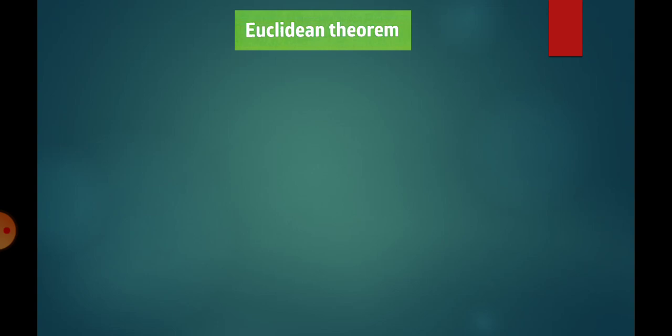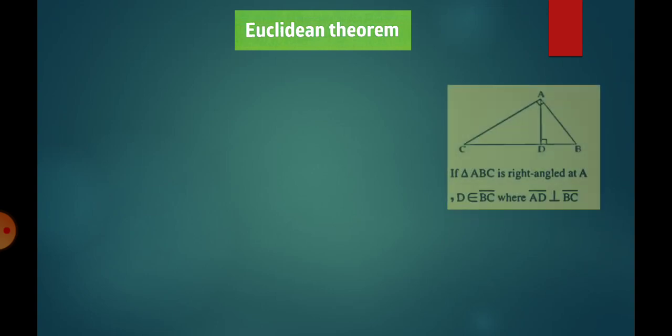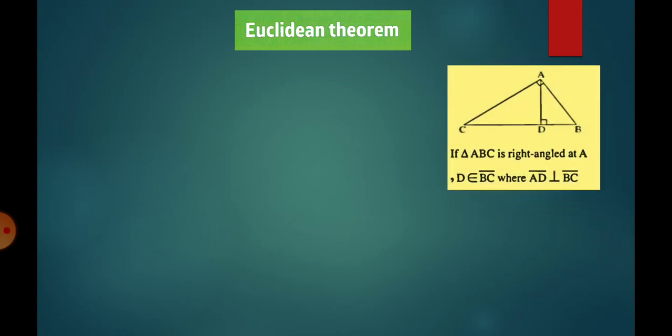Here, Euclidean: in a right angle triangle, from the right vertex we draw the perpendicular to the hypotenuse. If ABC is a right angle triangle at A, from A we draw AD perpendicular to BC.